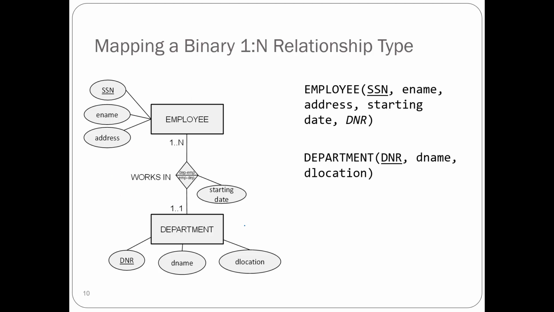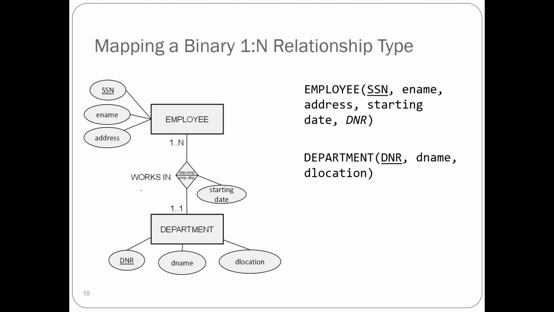So in this example, you're looking at the two entity types, employee and department. For the employee entity type, we have the attribute types social security number, e-name and address. For department, we have D number, D name, and location.